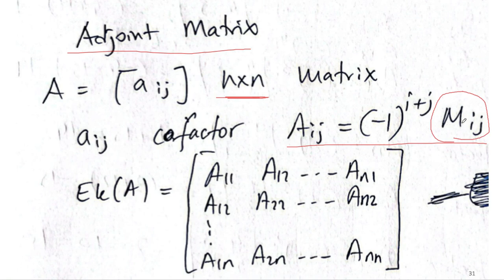These are the determinants of submatrices of the matrix of coefficients A. So each time, in order to calculate the adjoint matrix, for each entry, we need to calculate this determinant Mij and then multiply with this alternating plus or minus 1 value.